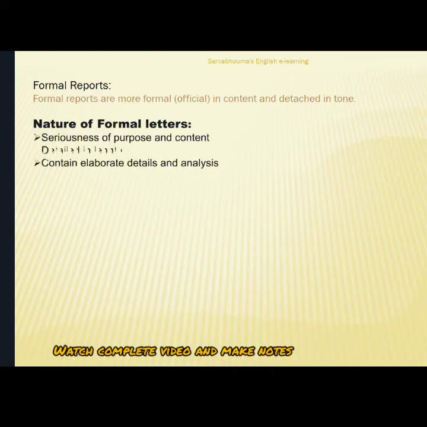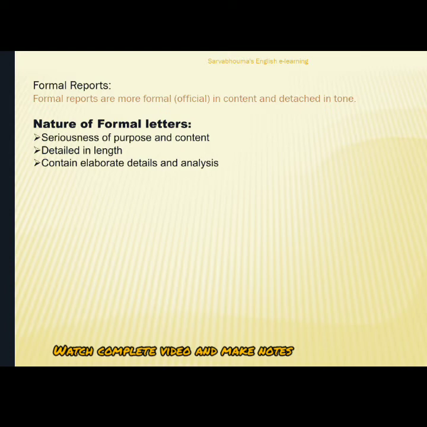Nature of formal reports. Okay, please make a correction. That is not nature of formal letters. It must be nature of formal reports. Seriousness of purpose and content. It is very serious about purpose and content, and here it is predetermined information. Next, detailed in length.